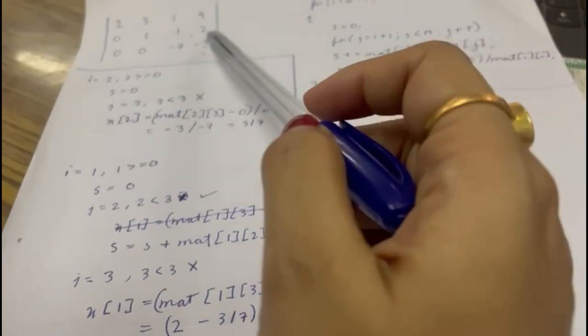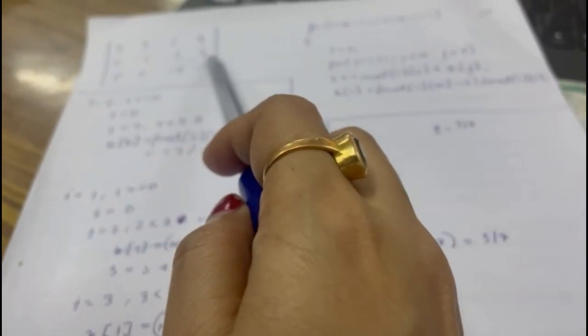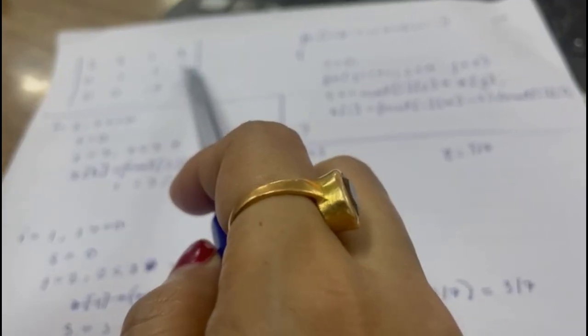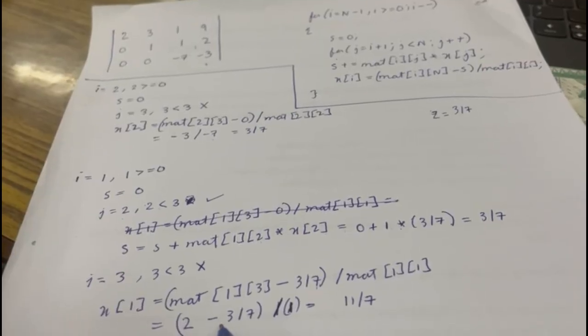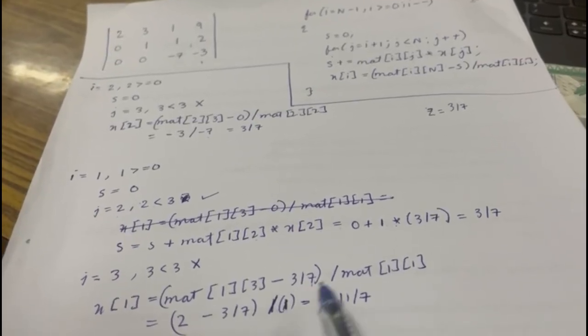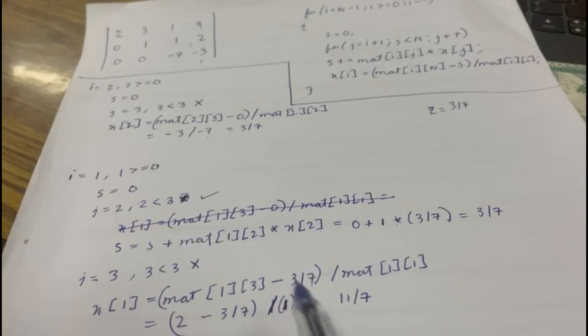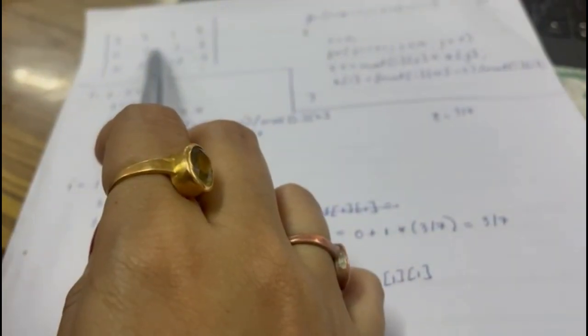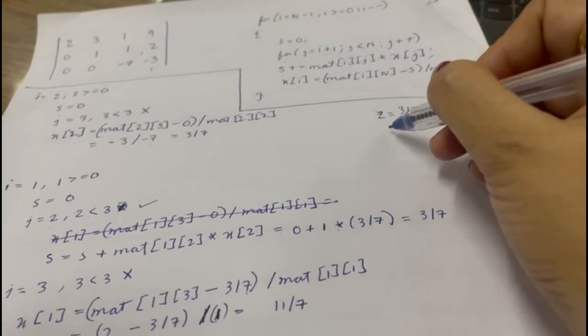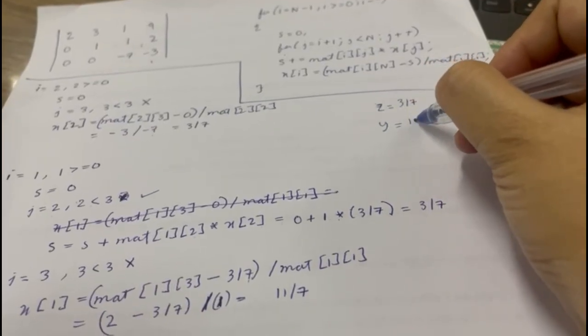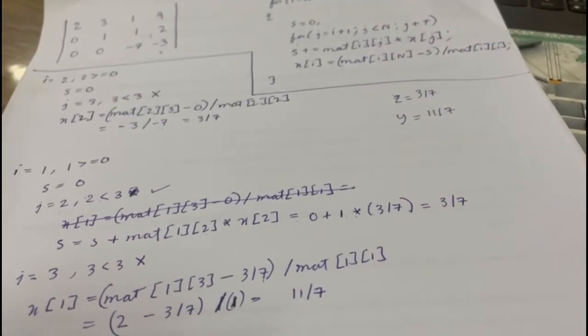Mat of 1 3 is row 1, column 3, right? So this value, 2, minus 3 by 7, divided by mat 1 1. Mat 1 1 is this value, so divided by 1. So ultimately you are getting 11 by 7. x1 equal to 11 by 7 means the y value we are getting is 11 by 7.